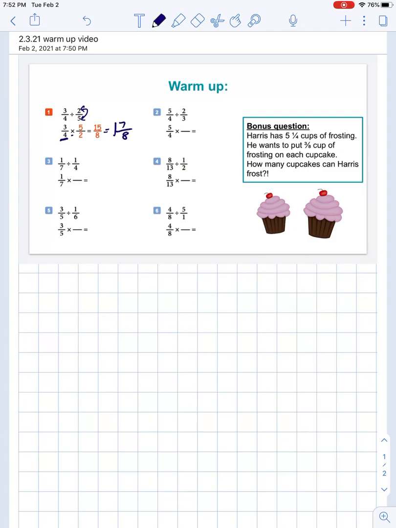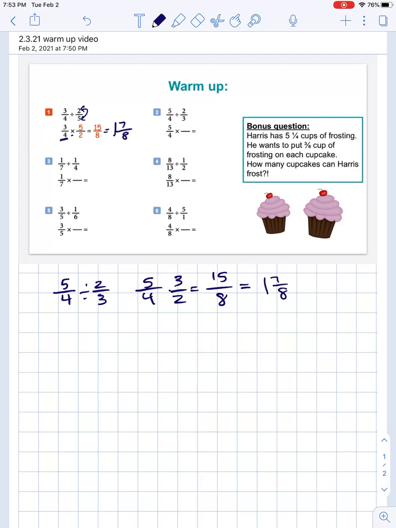So let's take a look at number 2 here, right? 5/4 divided by 2/3. Well, let's go ahead and copy dot flip, right? 5/4 times 3/2, and we get 15/8, which is what we just did, 1 7/8.